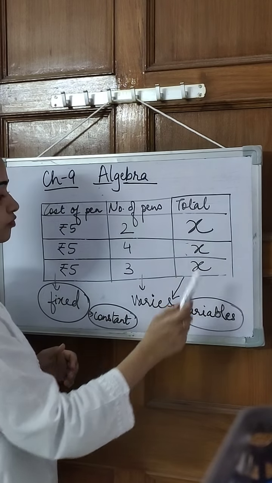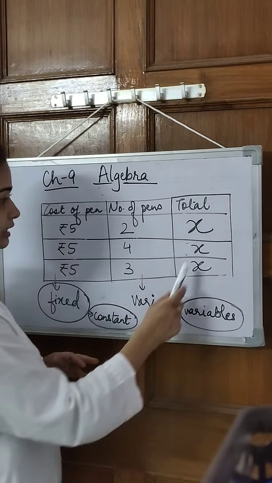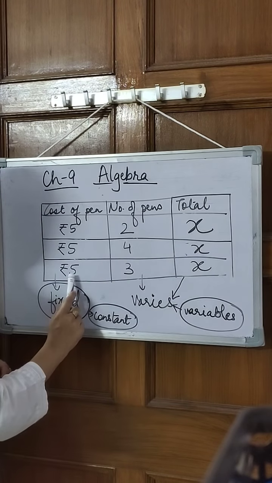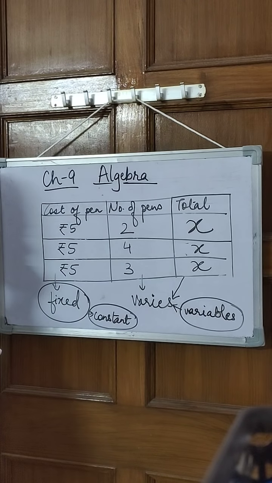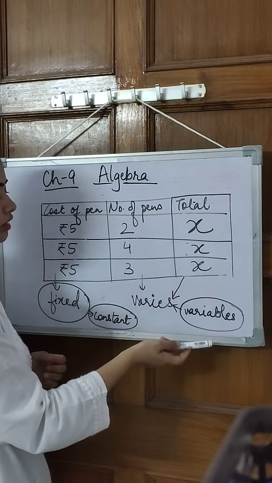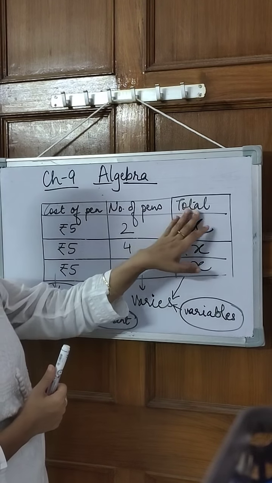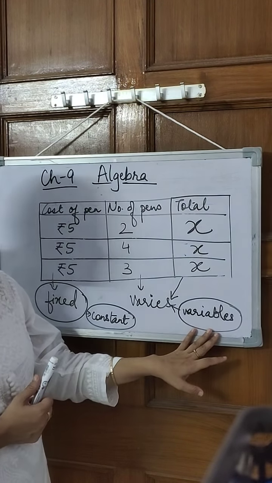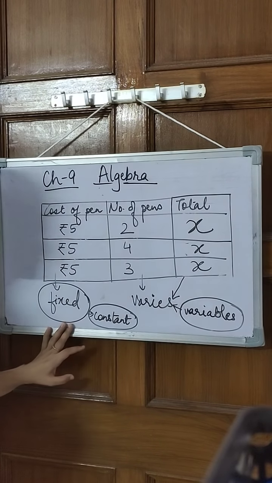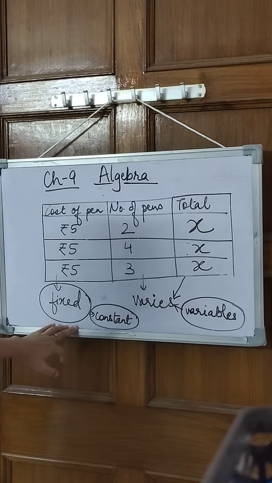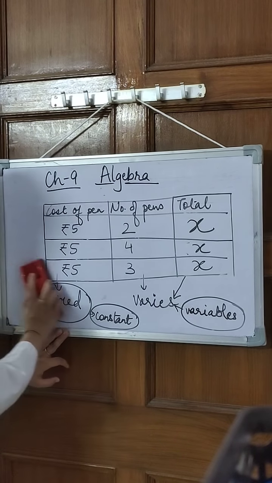So the value varies according to the condition, and this time the value of the unknown is 20. And this time when the customer wants 3 pens, then the value of the unknown is 50. So what we can see here is that this value varies, and that is why it is a variable. This value is fixed, so it is constant.